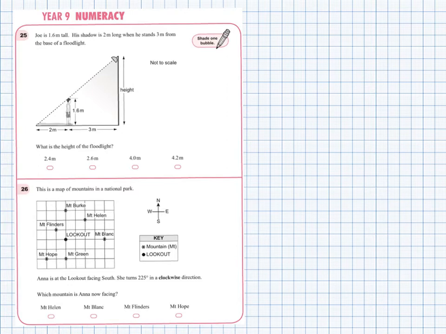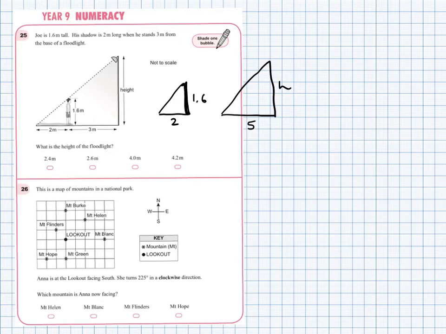So we have one triangle here, a right angle triangle, and this one it's 2 and 1.6. Then you have another one, a little bit bigger, expanded larger, and the base is 5 and the height we don't know. If you remember about similar triangles, the ratio of corresponding sides needs to be equal.